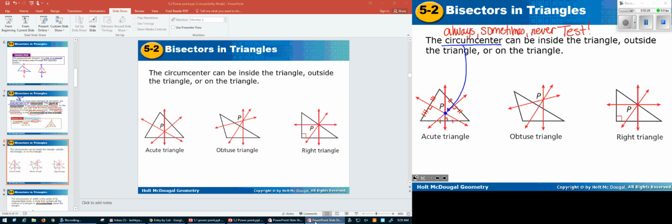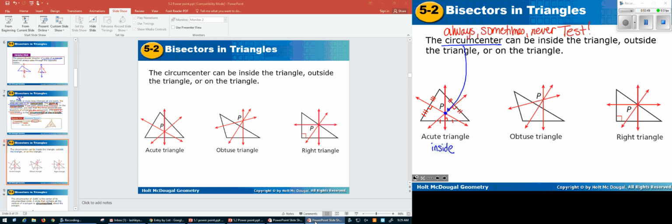Okay? Where is the circumcenter when the triangle is acute? It's inside the triangle. That's the kind of question I'm going to ask you always, sometimes, or never about. If your triangle is acute, the circumcenter will always be inside the triangle.